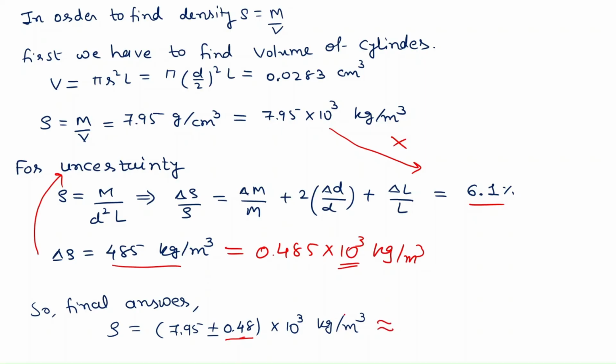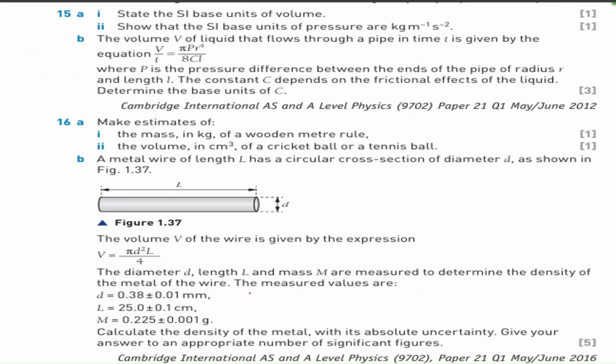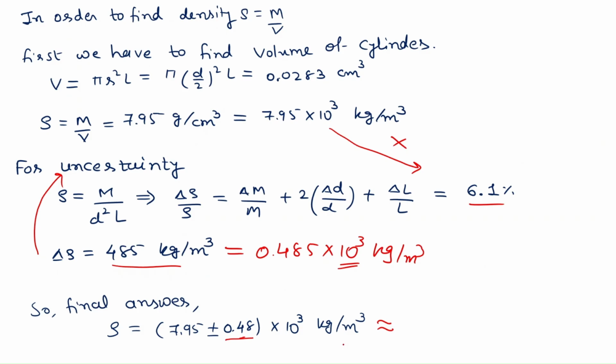And at last, they give a last line which is: answer to an appropriate number of significant figures. This is not in significant figures, so this is almost like 8. Write 8 plus or minus, and this is like 5, which is very near to 5.